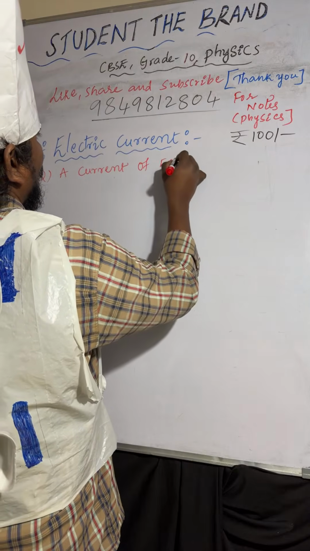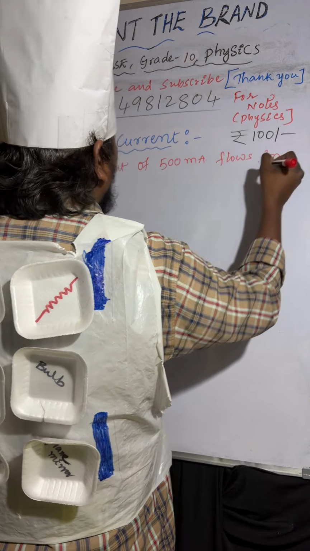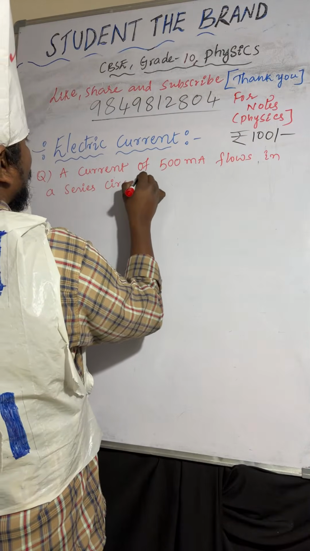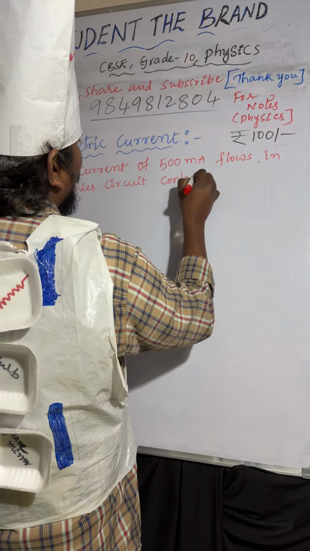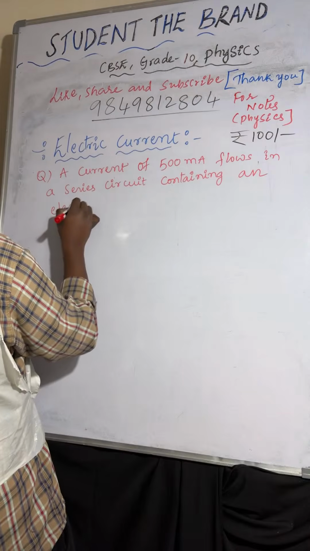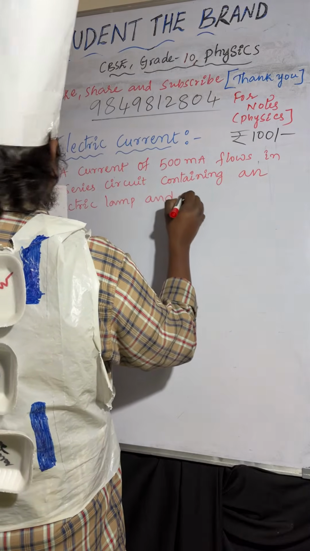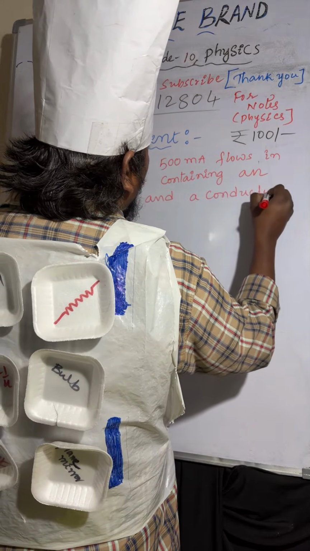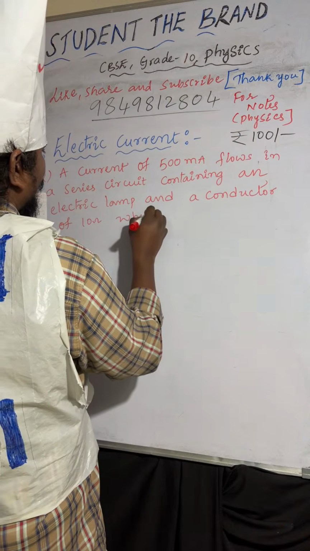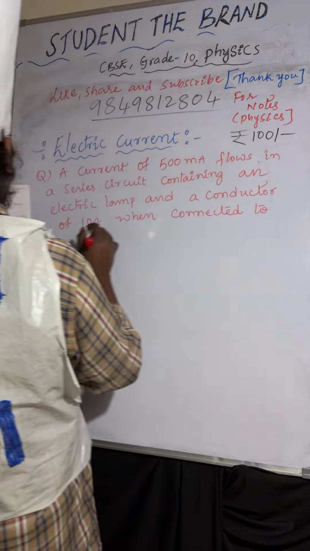A current of 500 milliampere flows in a series circuit containing an electric lamp and a conductor of 10 ohm, when connected to a 6 volts battery.